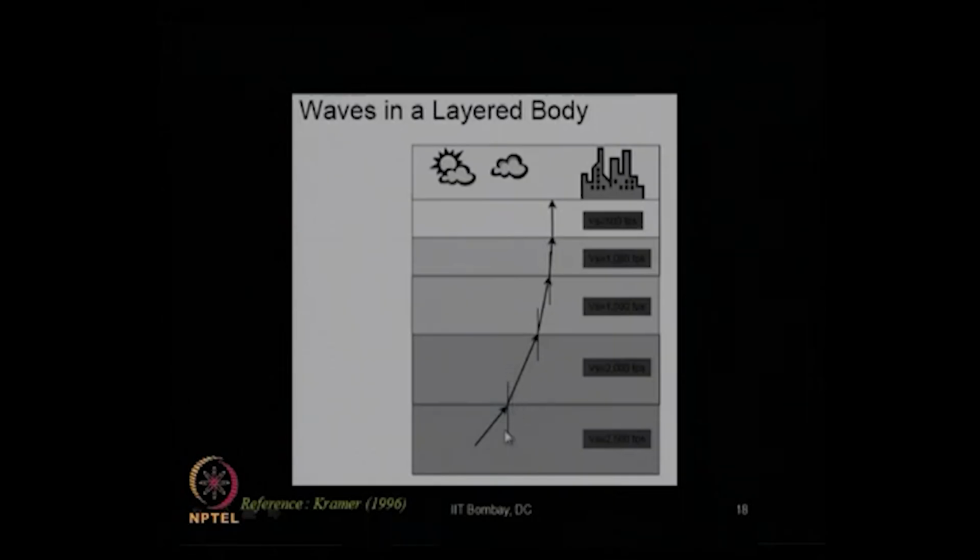Why? Because these waves also follow Snell's law, and we know as per Snell's law, sin i divided by V remains constant, that is, the sine of the angle of inclination of the incident or refracted wave divided by the velocity of the wave in that media remains constant. So, obviously, as the velocity decreases as we go into softer and softer layers, this angle also should decrease to keep it constant, right.